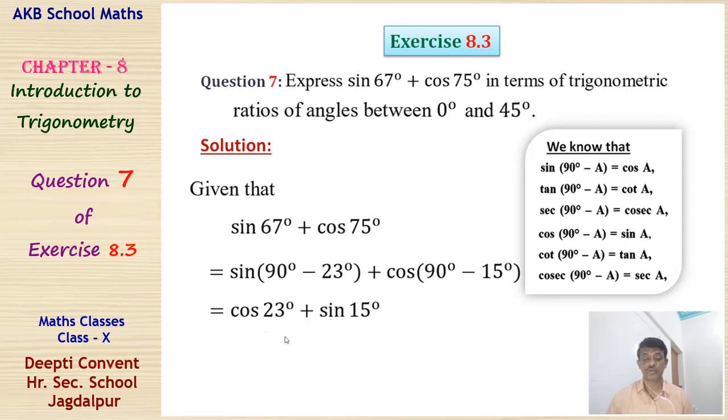Now 23 is less than 45 and greater than 0, and also 15 is less than 45 and greater than 0. So this is the conversion. This is the expression, it can be expressed like this. So this was the solution of question 7 of exercise 8.3.